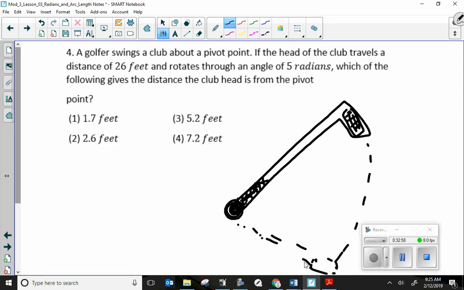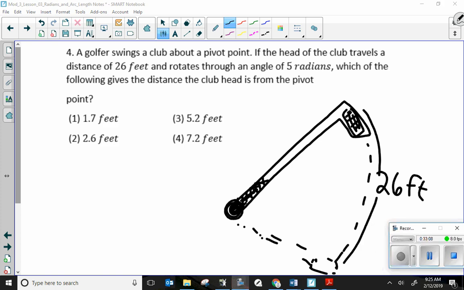If the head of the club travels 26 feet, that's the arc it makes, and through an angle of 5 radians, which of the following gives the distance the club is from the pivot point?